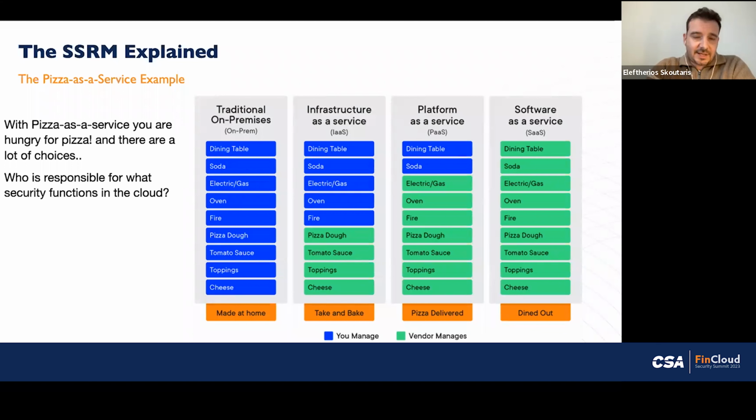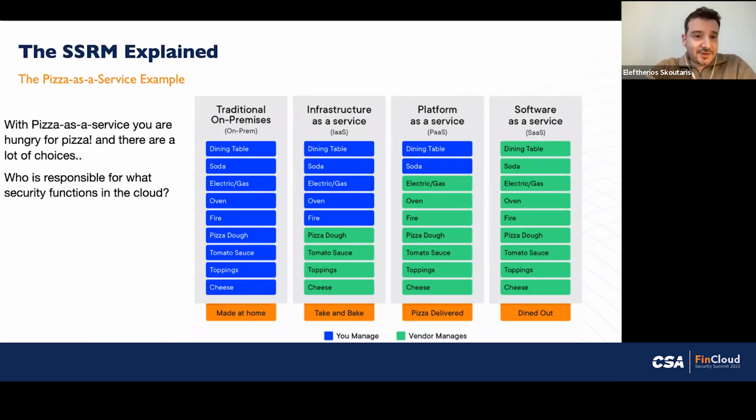If we take this analogy and map it to the cloud service models, then we would have an analogy to the traditional on-premises world, which is like making the pizza at your home. In that case, you have to buy all the ingredients yourself, put them together. You have to use your own appliances, and then you need to bake it, serve the table, and eat the pizza, right?